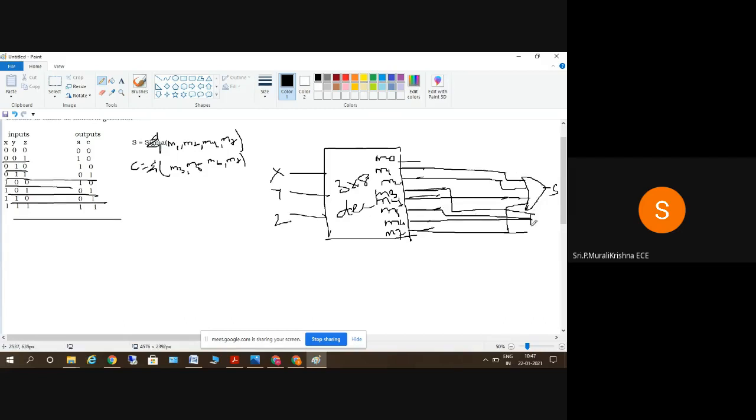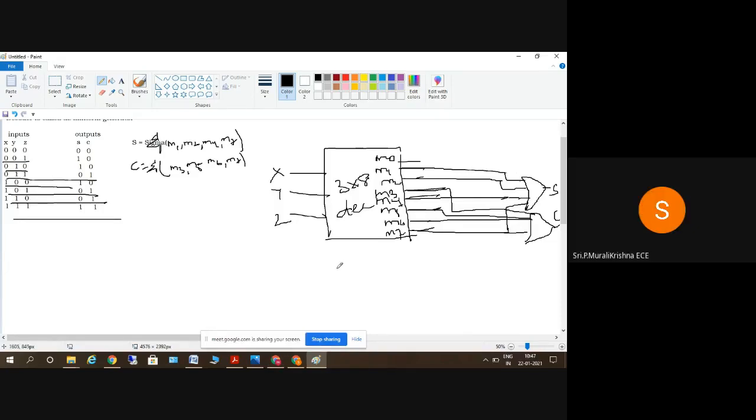So these four are given to another OR gate. So that is carry. Yes or no? So clear or not? So shall I draw the diagram once again?